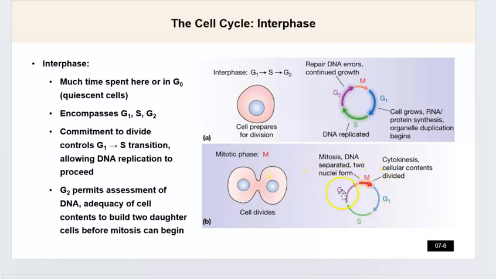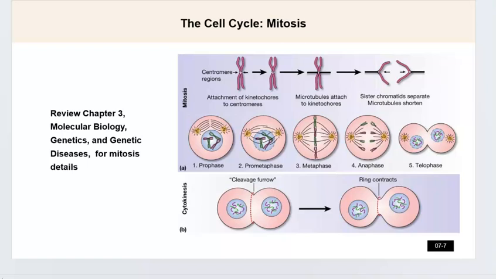So now we've finished G2 when we go into M, which is here, and this is cytokinesis, and the cellular contents are now officially divided. So this actually shows us the cell mitosis and the cytokinesis and what that looks like here.